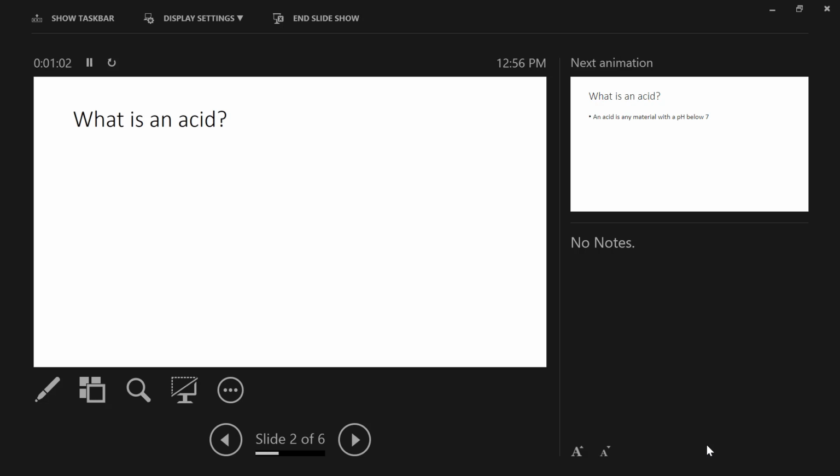And this is not a difficult term to define. It is, however, a term that we can define in multiple ways. Here's one way that we can define an acid.